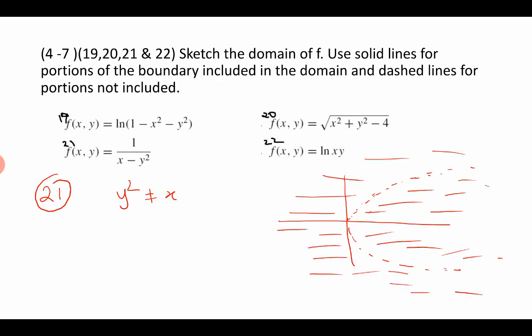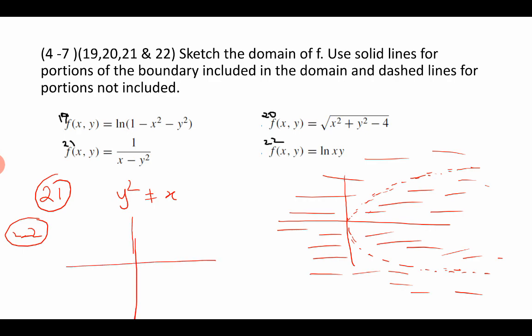So we don't want y square equal to x. On this parabola the value of x is equal to y square, so we don't want the elements on the parabola, we want all other elements on the xy plane. So this is the graph for problem number 21, and obviously 22, if you try in the xy plane.